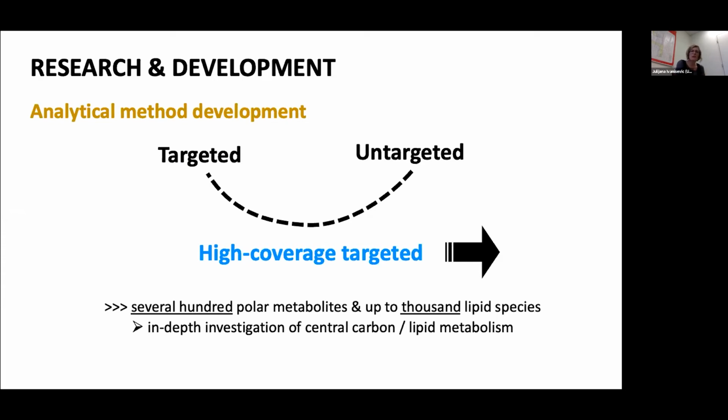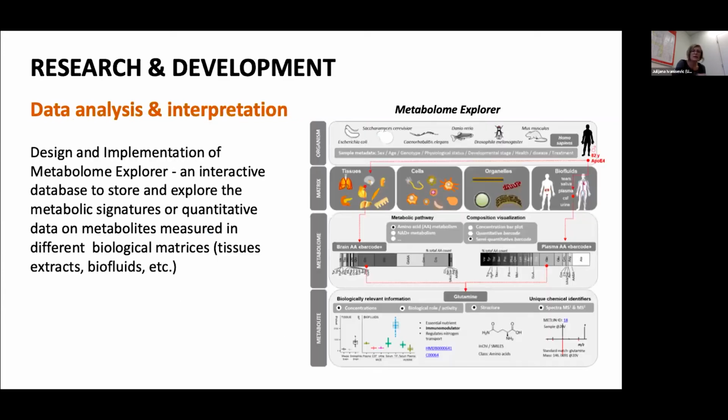As an alternative for this untargeted analysis, we are developing the high coverage targeted methods with which we can really today easily measure several hundred polar metabolites in a single analysis, and also up to 1,000 different lipid species.